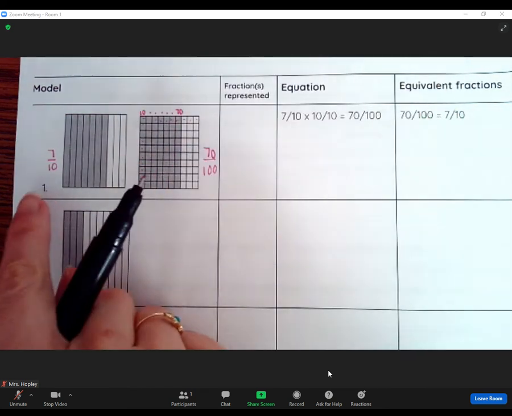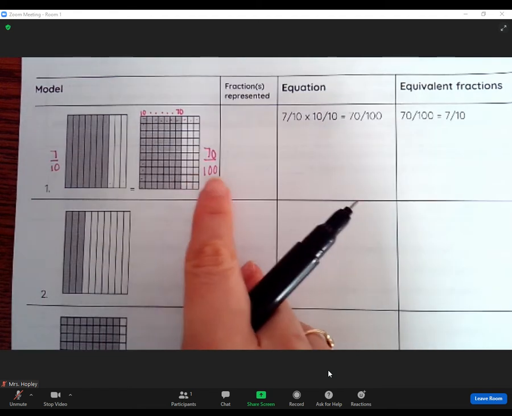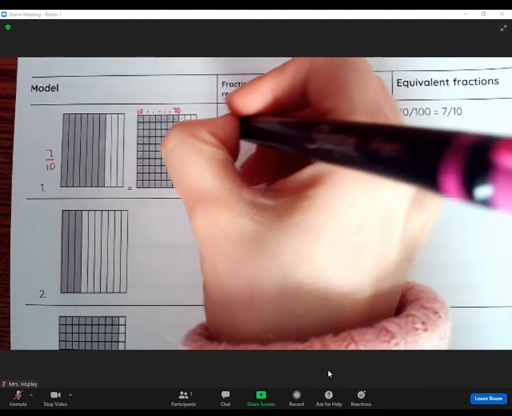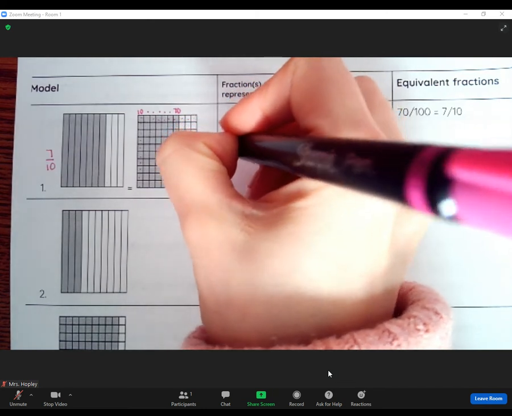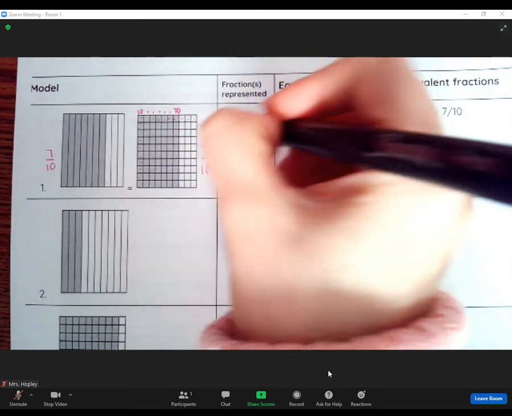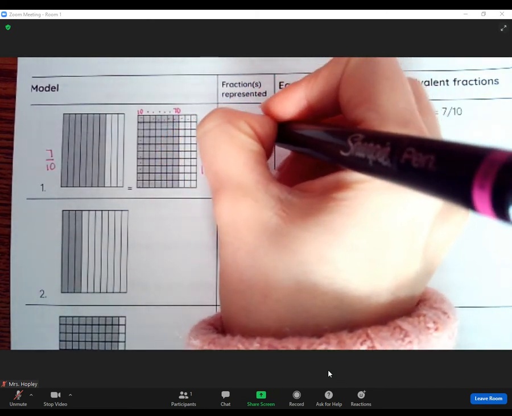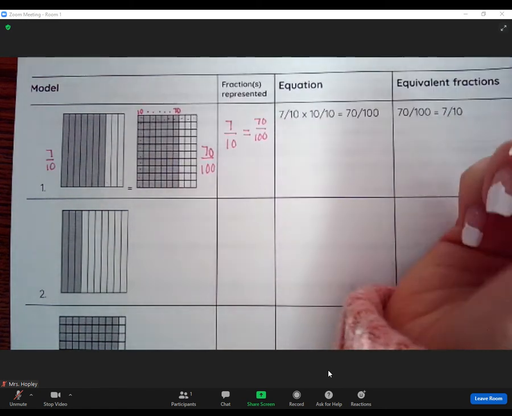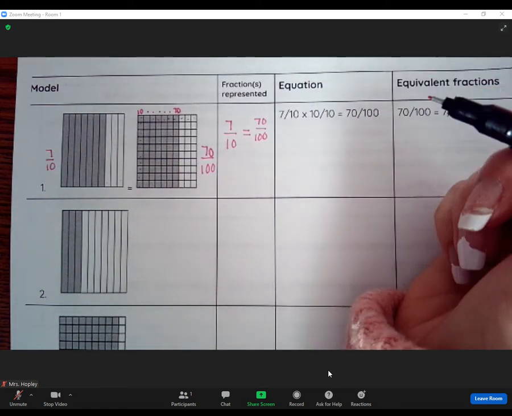All right, so this model is 7/10. This model is 70/100. I can see in the middle they have an equal sign, so I'm going to write that here. 7/10 equals 70/100.